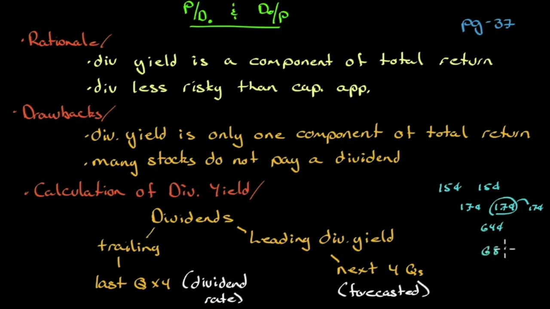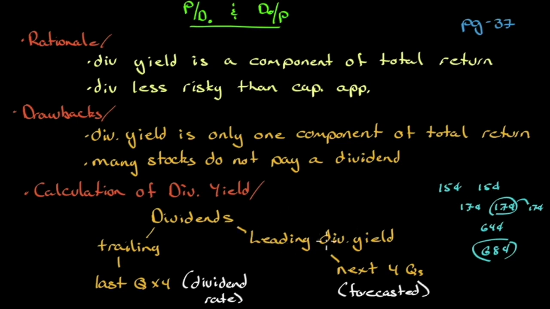So the dividend rate is 68 cents. The dividend rate might be exactly the same, but if there was an increase during the year, the dividend rate will be higher than the dividends paid. So that is called the dividend rate. So our trailing dividend yield is the dividend rate divided by price, not the dividends divided by price.